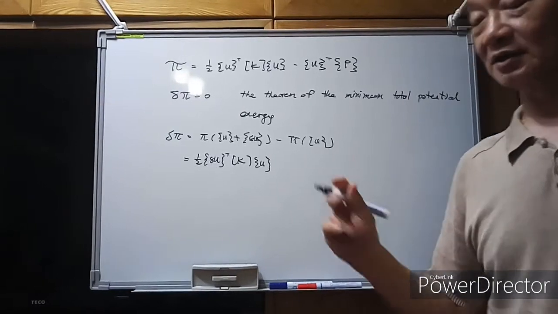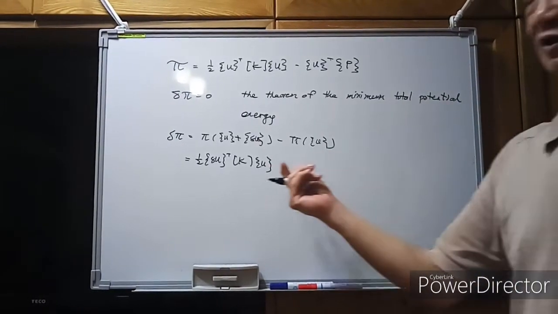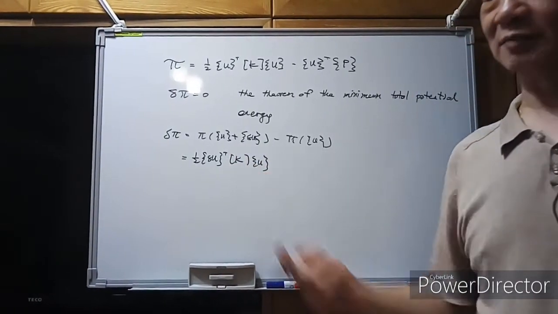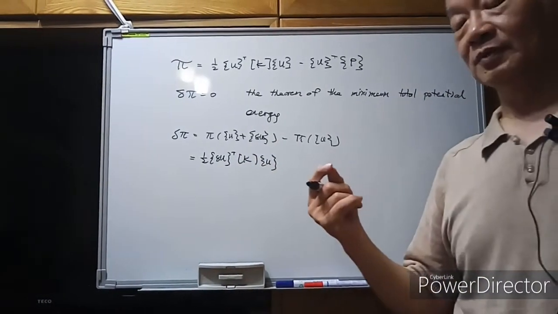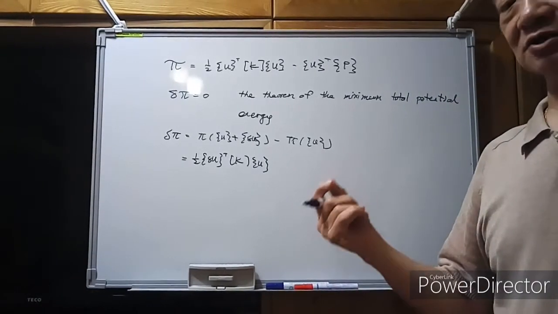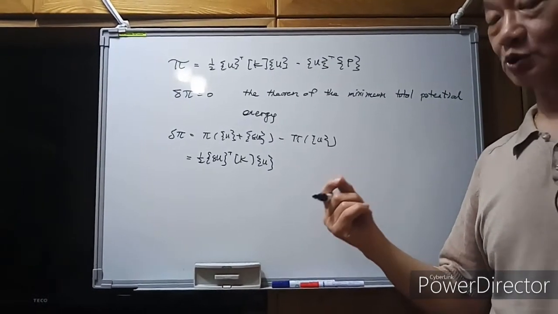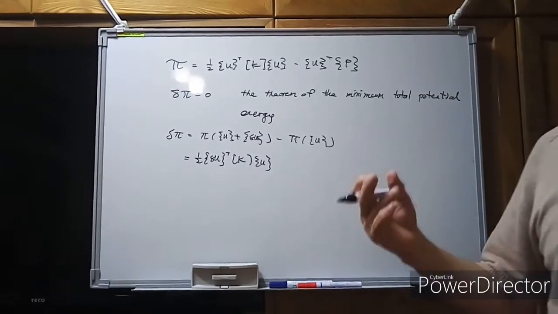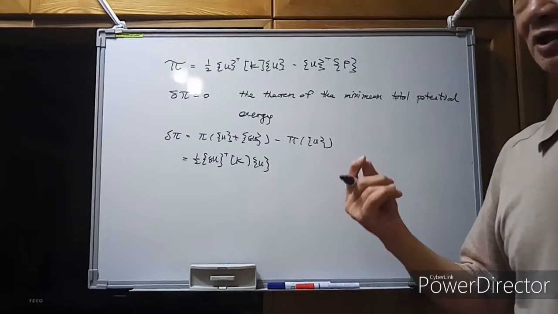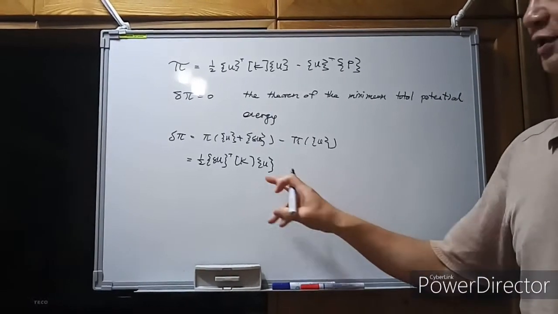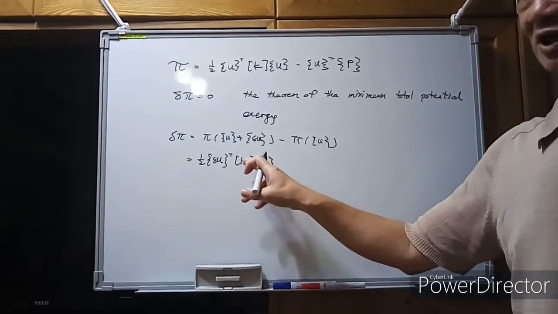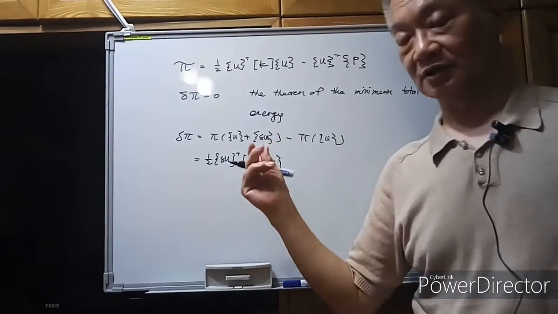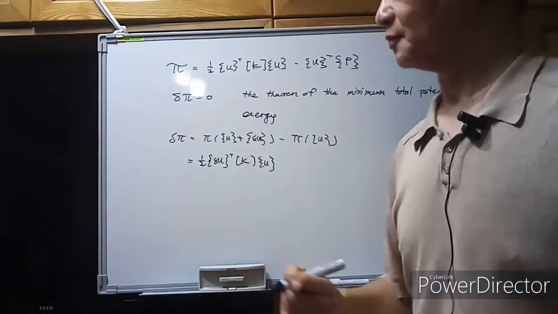We cannot make any change of the input nodal coordinates. Also, when we calculate the k matrix, we need to use material properties like the Young's modulus, the Poisson's ratios, and all those material properties are also fixed values. We cannot make any variations. So the variation of the k matrix will be equal to 0. So we don't need to consider the variation of the second term.